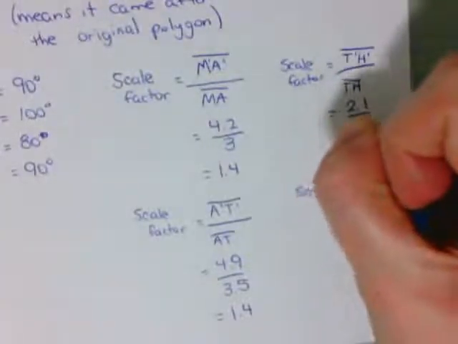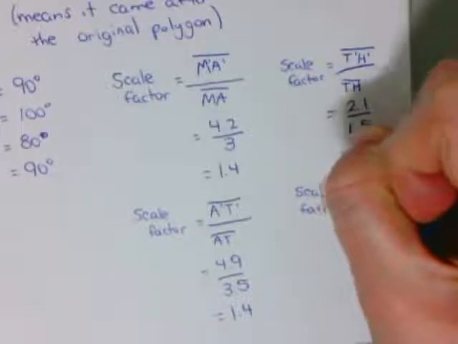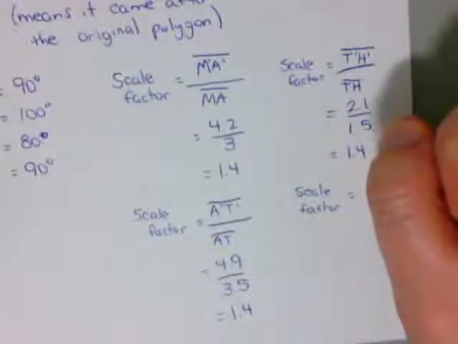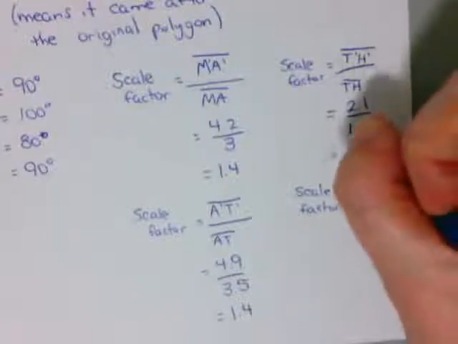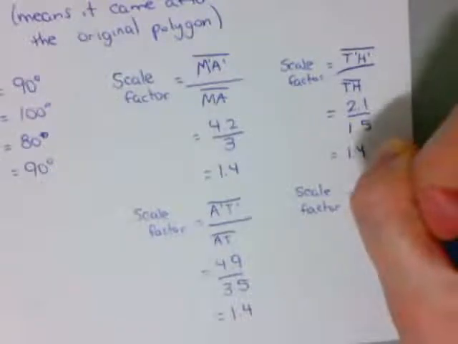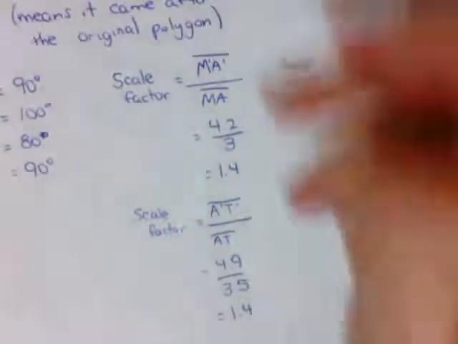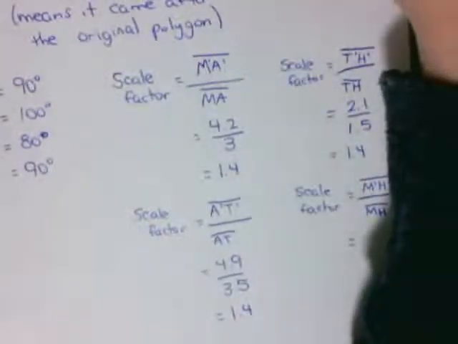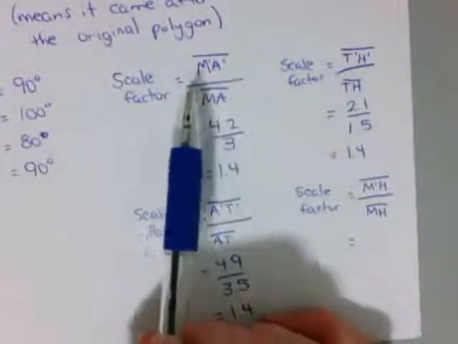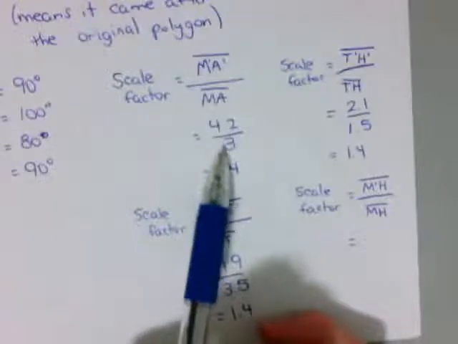And then the final scale factor is going to be M prime H prime, the line segment, divided by MH, the line segment. So this is going to give me, oh, and you know what I just noticed, guys? I just noticed that I actually did MH here. I used the wrong numbers here.